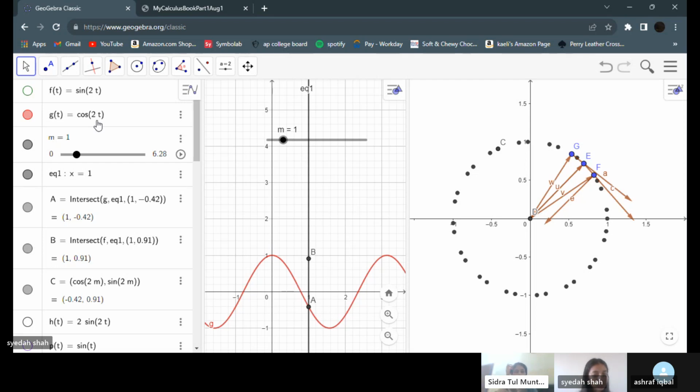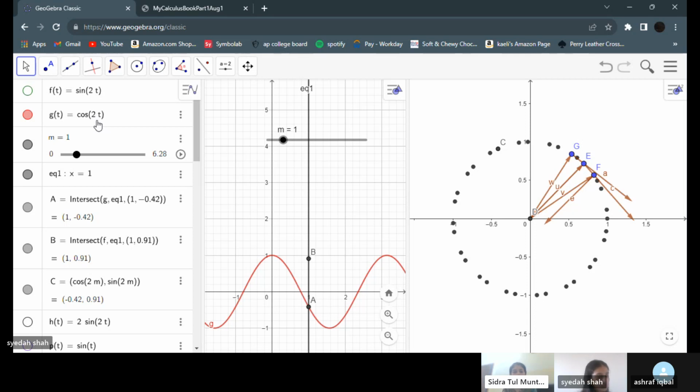So when you take the derivative of velocity, you find the acceleration, and the amplitude of that acceleration was 1.